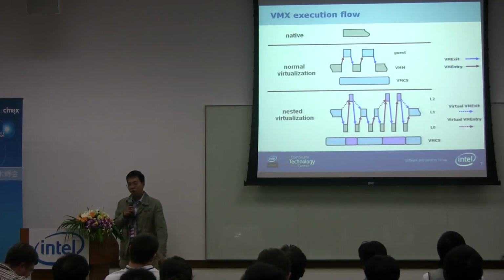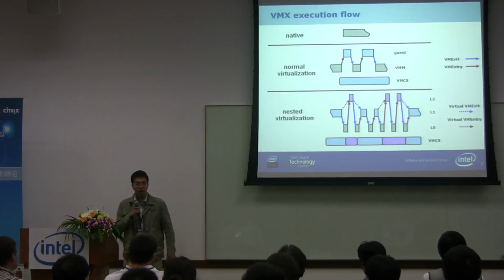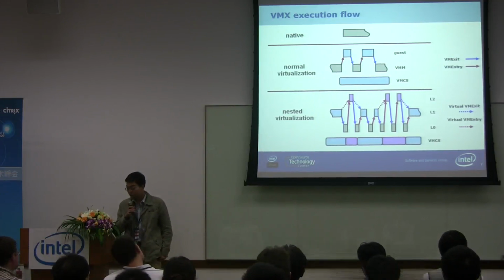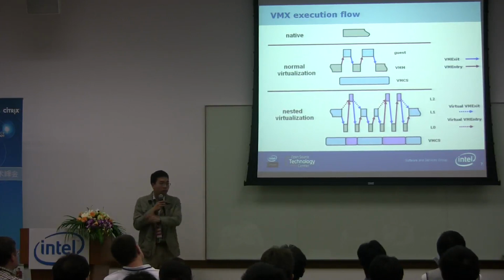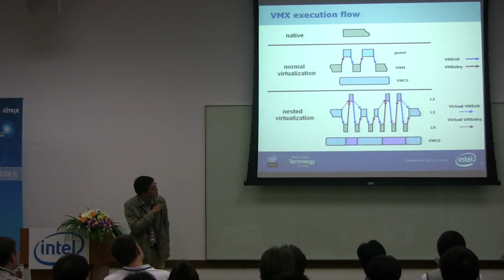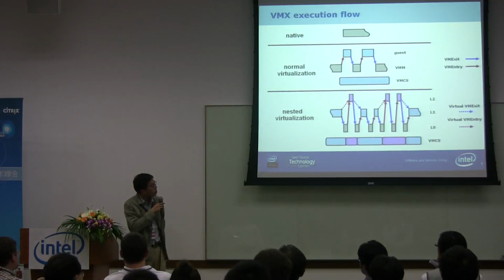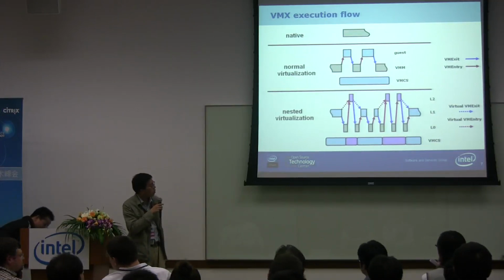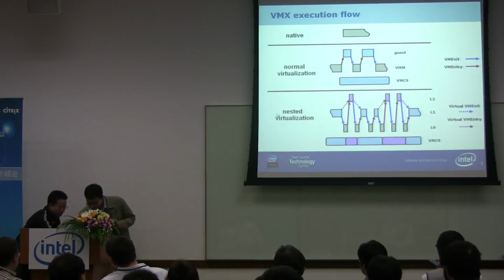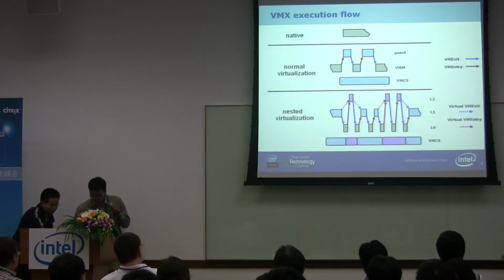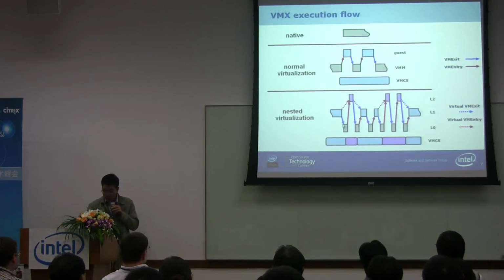And when it wants to do a VM entry, either by VM launch or VM resume, instead of getting directly into level 2, because there's no such hardware support, level 1 is already in VMX non-root mode, and it can only cause a VM exit to the base level, the VMM, level 0.